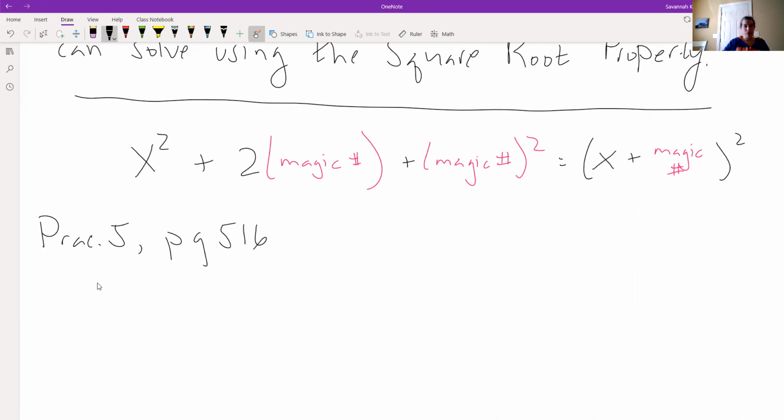All right, so we want to solve this by completing the square. Oh, okay, I see it now. Okay, so I want to solve this by completing the square.